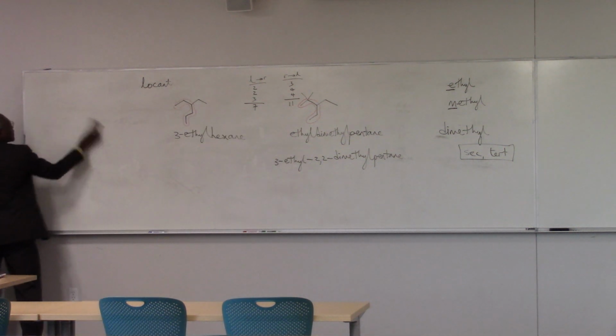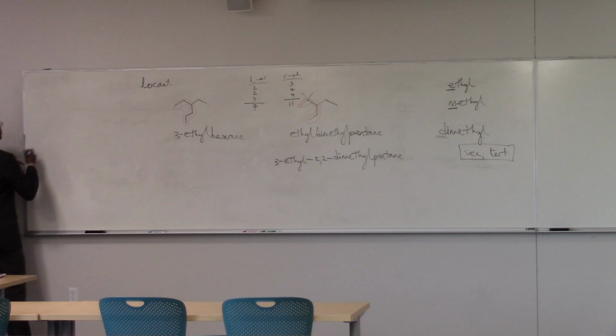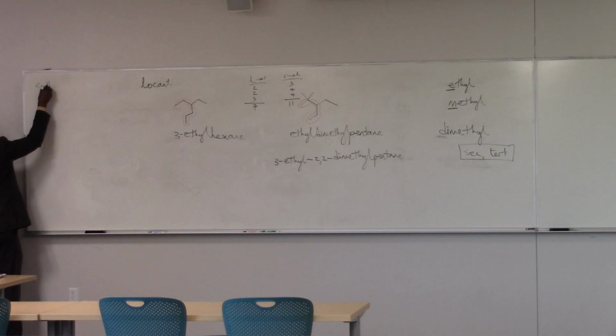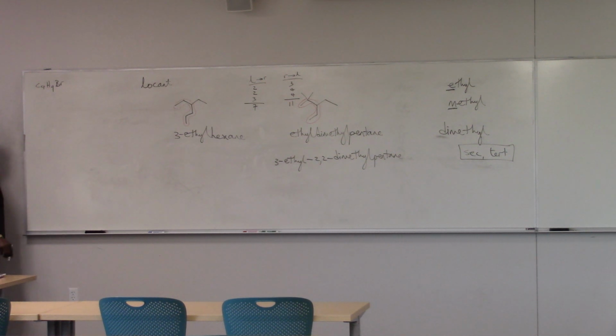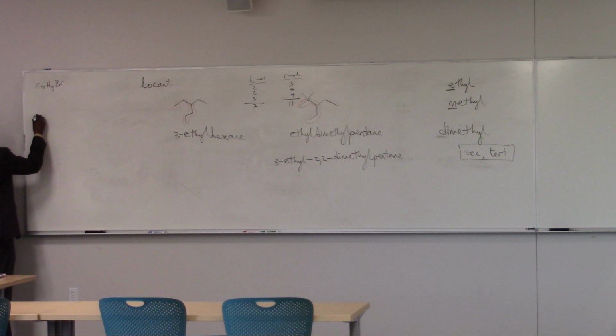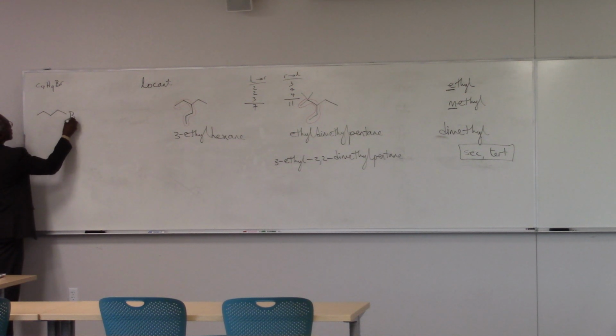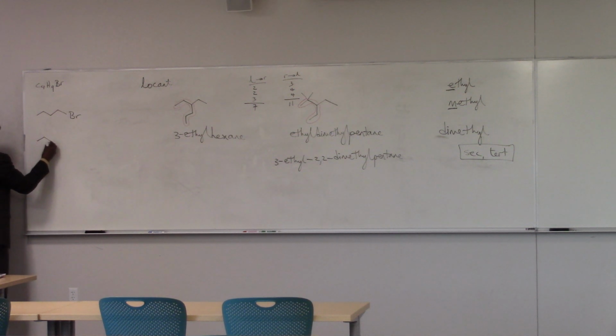So if I look at say C4H9Br, it turns out there are 4 different versions of that compound. Well, I should phrase that: there are 4 isomers with that formula. There is this one, and there is this one.